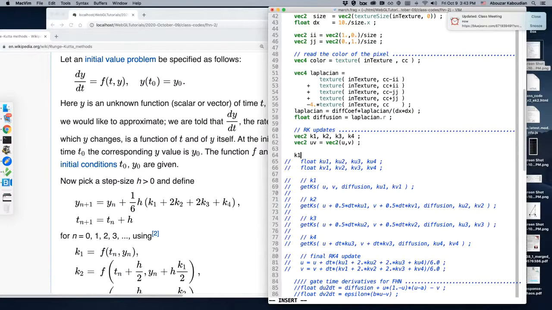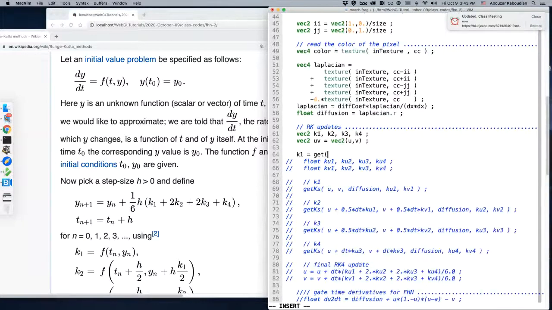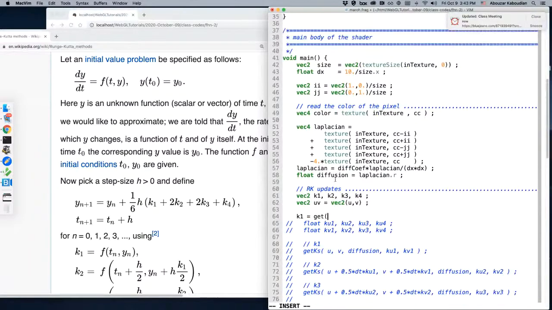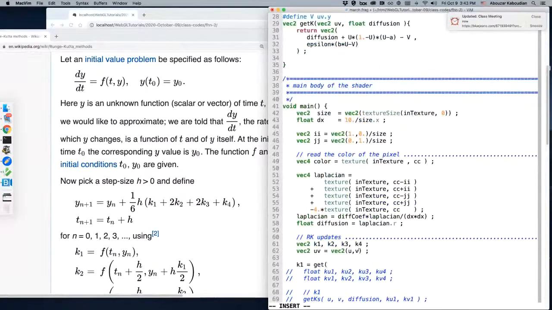And then for k1, I can say it's get k of, I don't know if the fonts are large enough. K1 gets UV and diffusion and returns K1, get K.